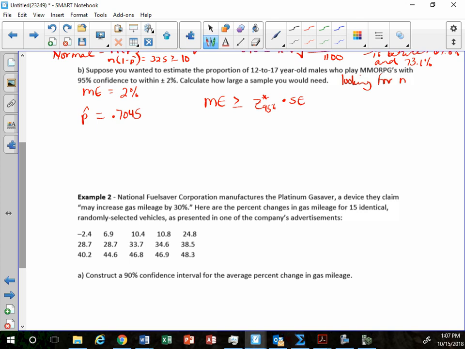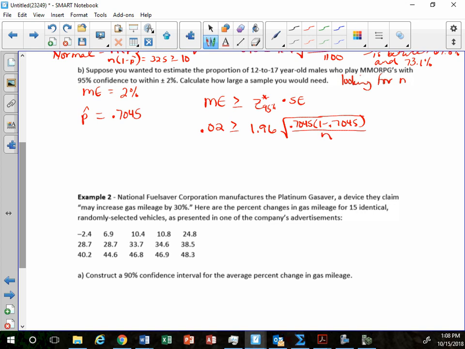So in this case, 0.02, and then our critical z value, 1.96 for 95%, times the square root of 0.7045 times 1 minus 0.7045, all over n.